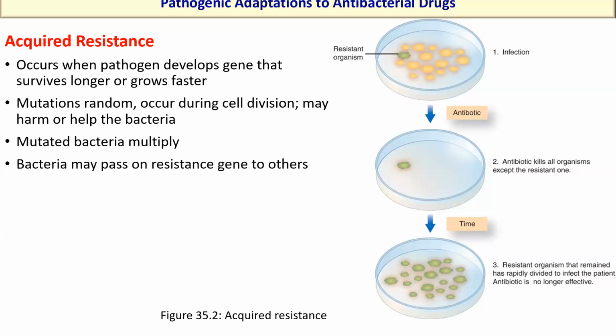The mutations are random and occur during cell division and may harm or help the bacteria. When the bacteria become mutated, these mutated bacteria will multiply and increase in number.